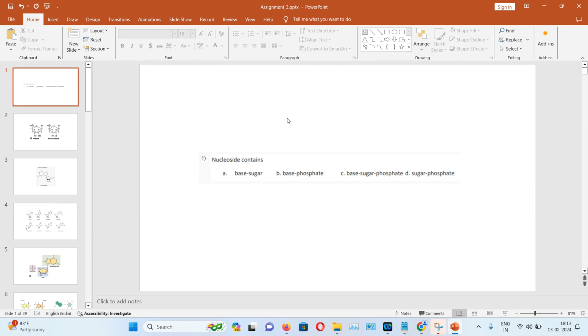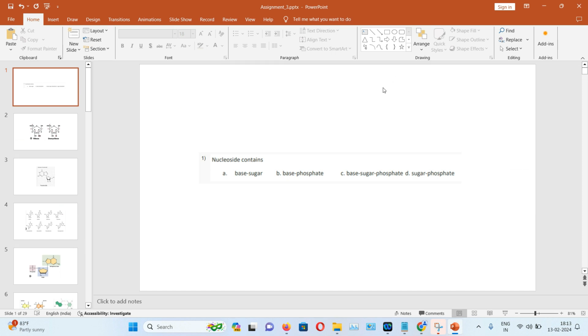This is the first problem of the biophotonics course, which is regarding the basic building materials of our genetics, the nucleic acid. The first question given is: nucleoside contains.